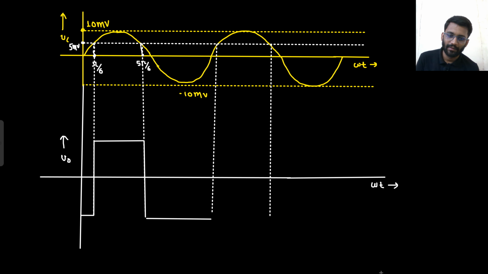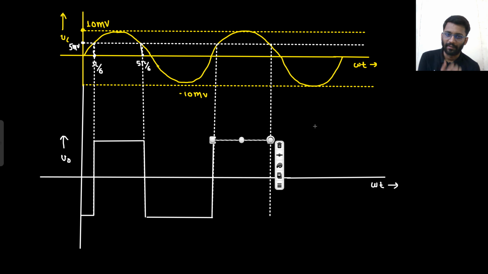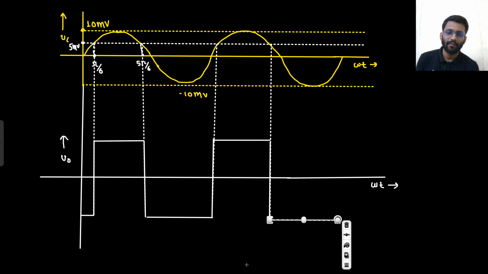Then you will get plus V set for this much range, and then again minus V set. So this cycle will go on.